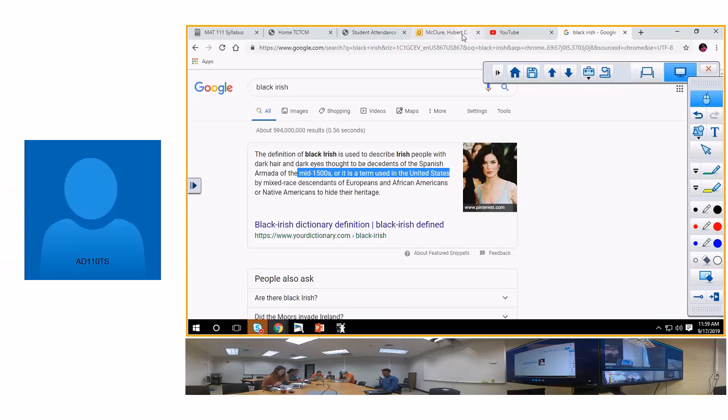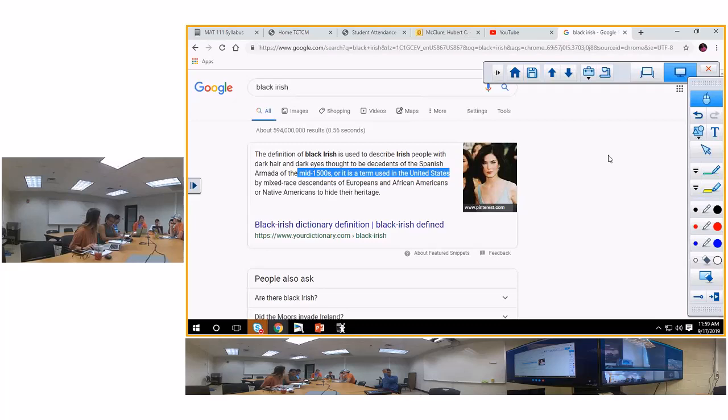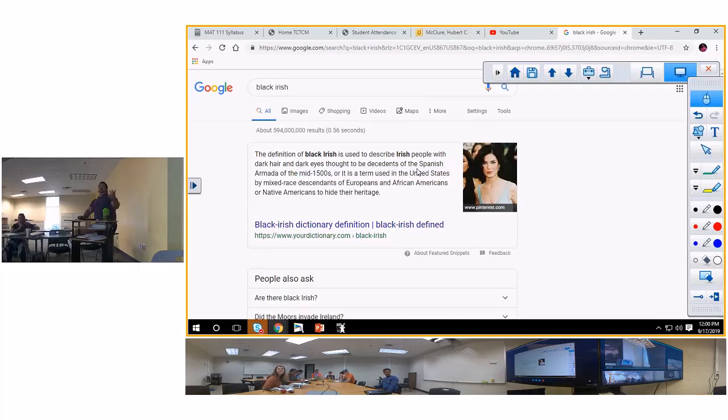He says it's from the Spanish army, though. Yep. Well, yeah, Spanish. I guess I am Spanish then. But they call it Black Irish. And the reason I know I'm Black Irish is because my aunt, she's like a genealogist. She had me do a DNA test for Ancestry, back before it got all popular.